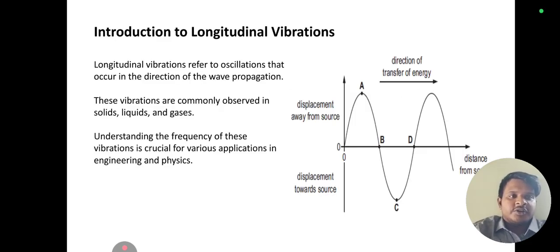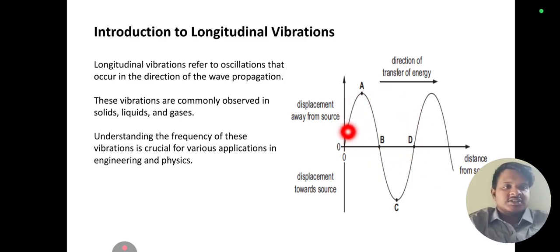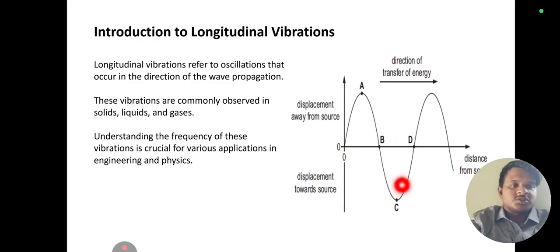Introduction to longitudinal vibrations. Let us see first this image. This is the displacement wave from the source, this is the direction of transfer of energy, and the displacement towards the source, and this is the distance from the source. Longitudinal vibrations refer to oscillations that occur in the direction of the wave propagation.